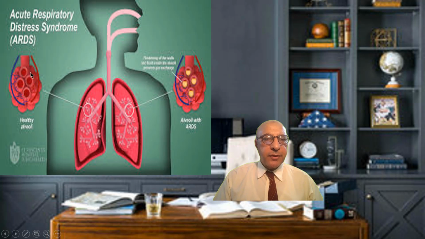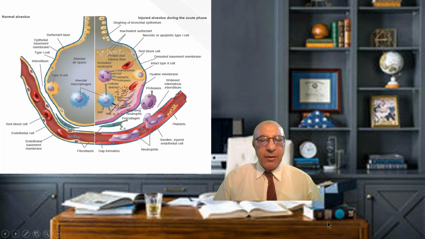Actually, in this figure you can see on the left side we have a normal healthy alveoli completely free of any fluid. While on the right side we have a case of ARDS with fluid filling up the alveoli, preventing gas exchange.